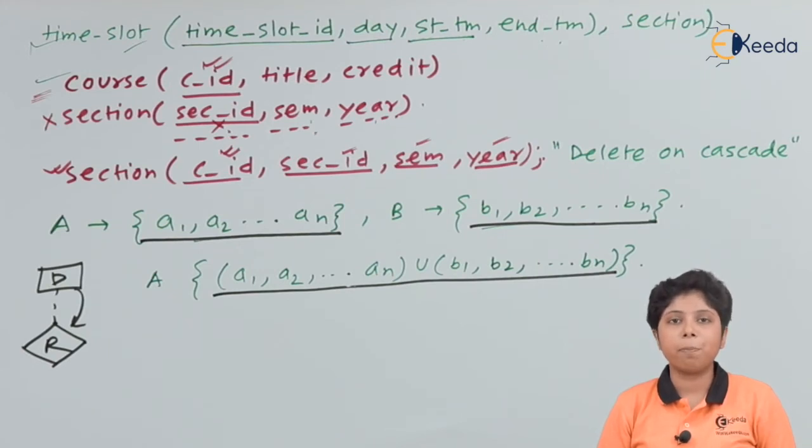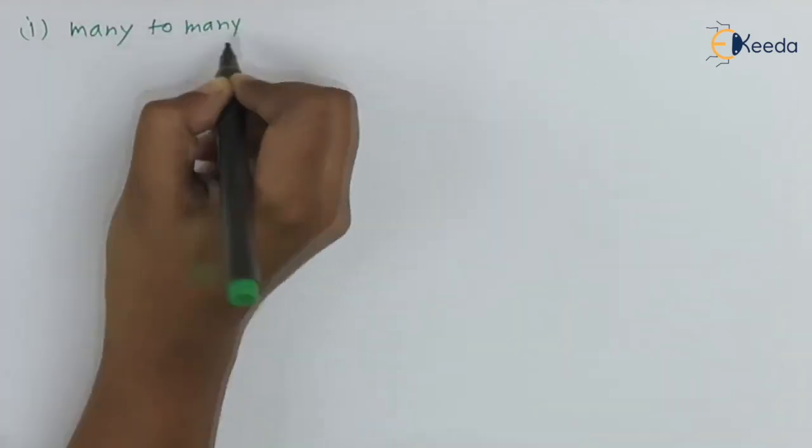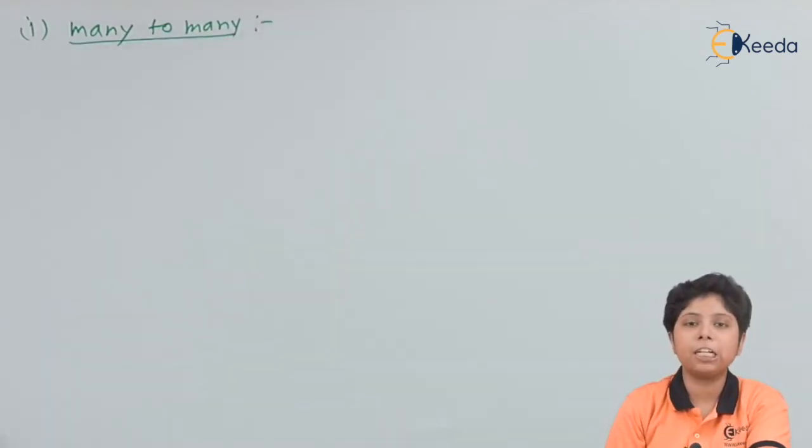So how can we represent it in a schema? For the binary relationships, there are three types: many to many, one to one, and many to one. So if this is many to many, then we will consider the primary keys of the two sets as a combined primary key of our resultant relationship set.